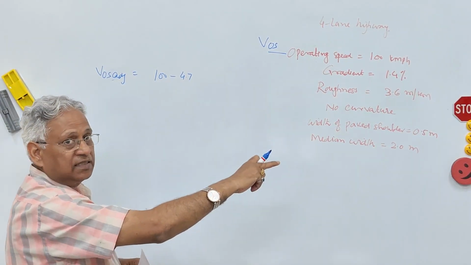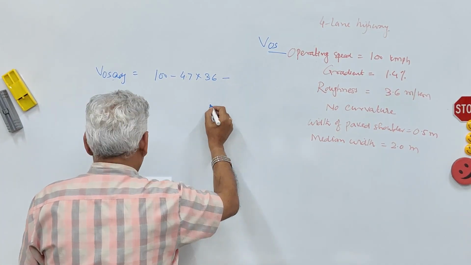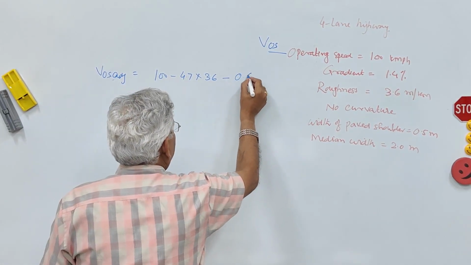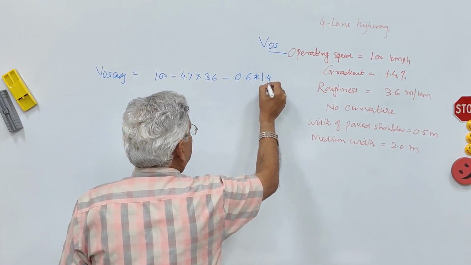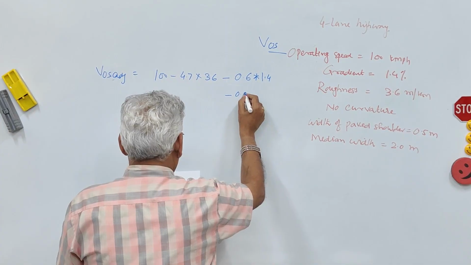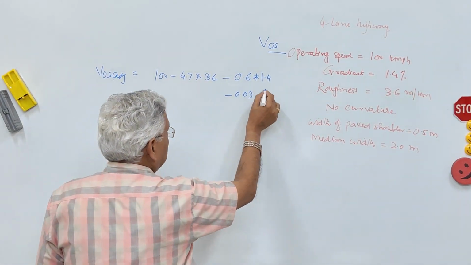IRI is more than 2.7 and therefore you consider IRI also here. 3.6 minus 0.6 into gradient. Gradient is 1.4%, minus 0.03 curvature. Curvature is 0. There is no curvature, so this factor goes.